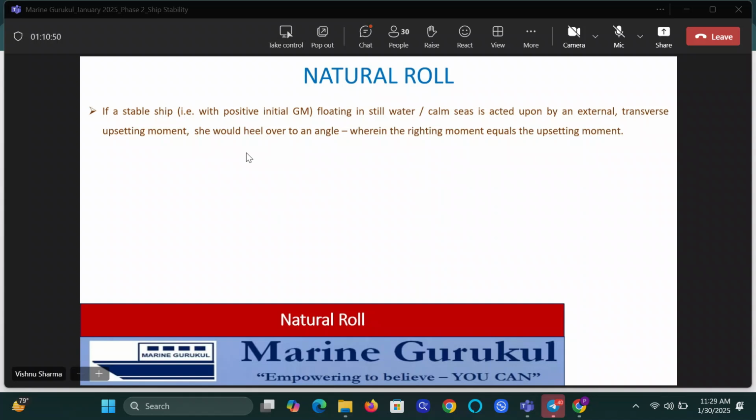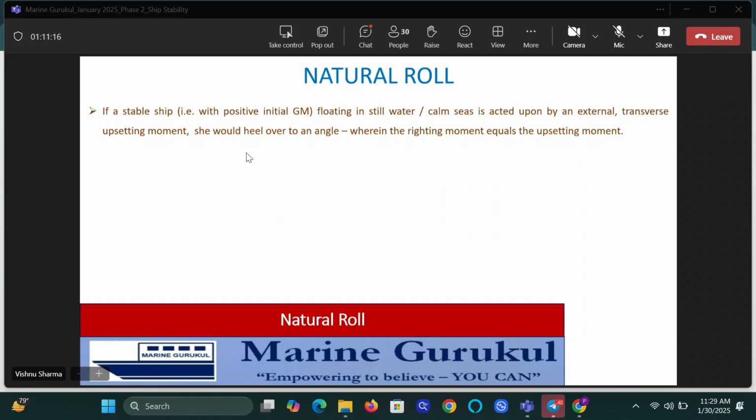It is not under the influence of any external factor, which is either inducing the rolling or opposing the rolling. Now the vessel is rolling purely because of her own stability criteria. And such a rolling is called natural rolling. And the time taken to complete one such roll is called the period of ship's natural rolling, TR.